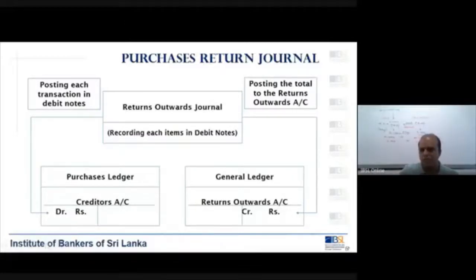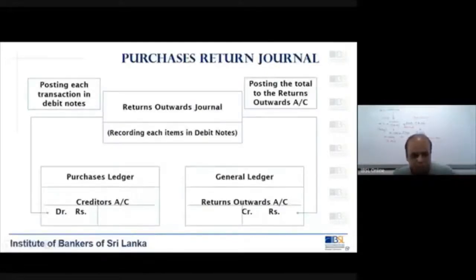The sales return was return inwards, now here it is return outwards. So when that happens, like what you did in the sales return, here you will credit an account called return outwards, and you will debit the creditors account.